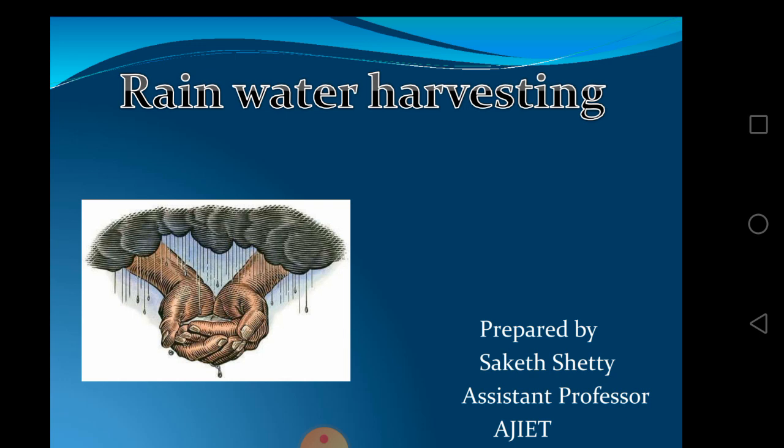So rainfall availability varies hugely from one location to another. For that reason we need rainwater harvesting. The necessity of rainwater harvesting is the temporal and spatial variation of rainfall and water availability.